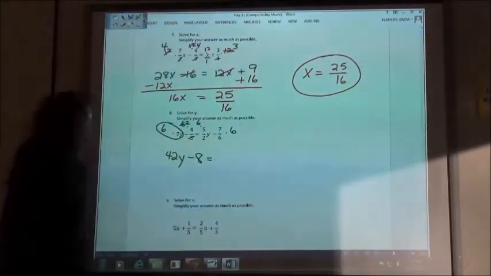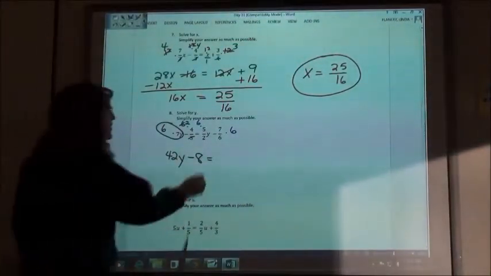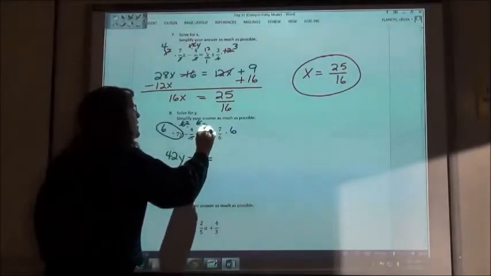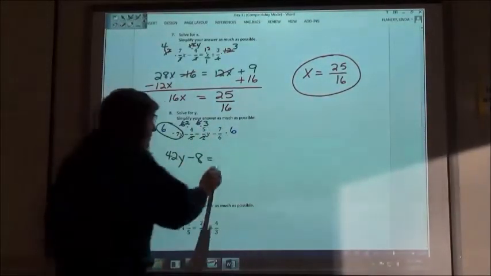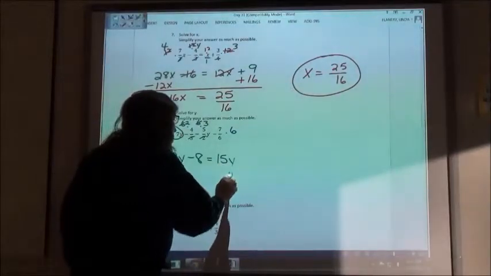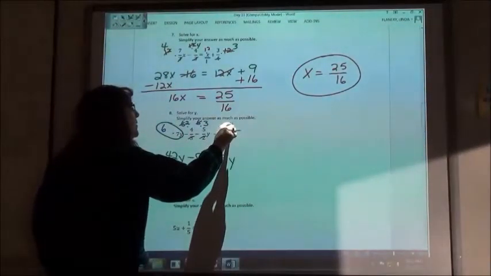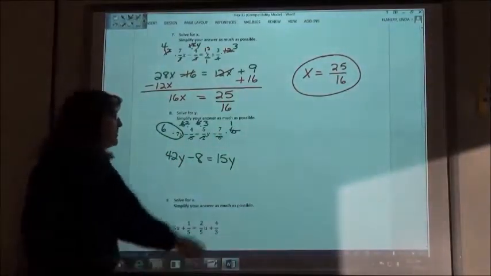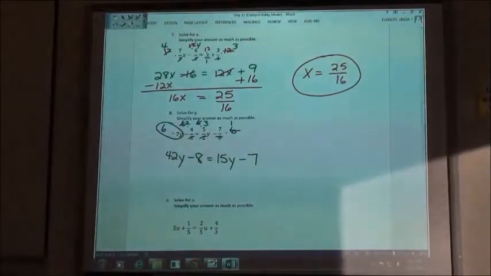Notice that sign won't change. It'll just come down. Equals 2 goes into 6 3 times. 3 times 5y, 15y. And then 6 goes into 6 1 time. 1 times 7. So we get minus 7, right?